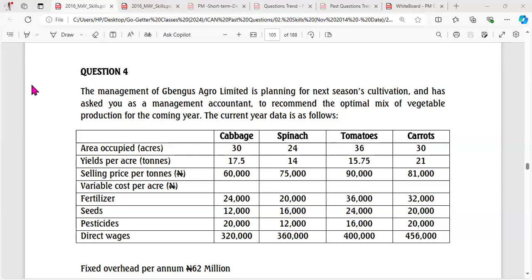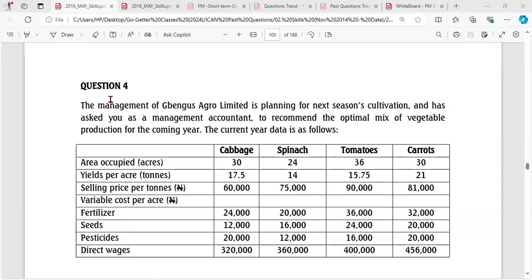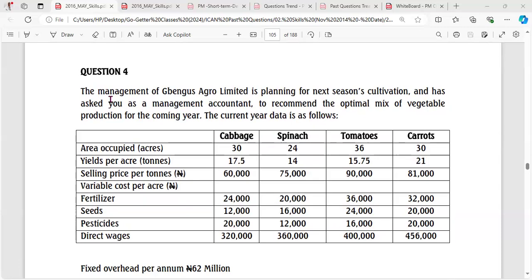The last time we were solving this question, May 2016 question 4 on limiting factor, and we didn't solve it completely. So we will start with this question again, and after solving it, we will go to the next topic for the day. So let's start this question all over again.